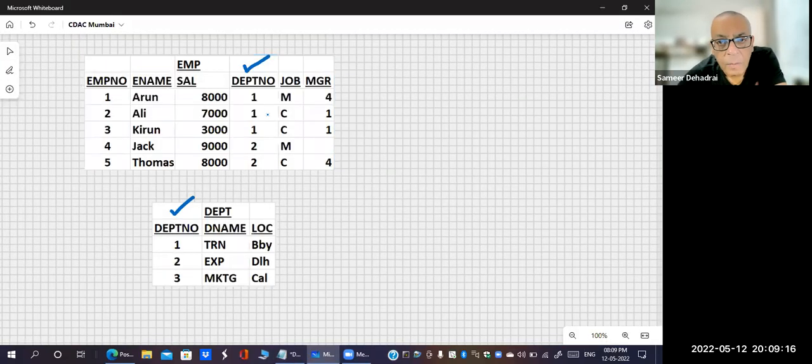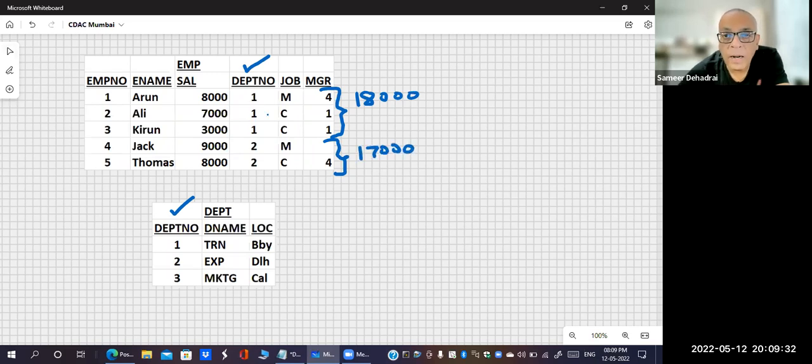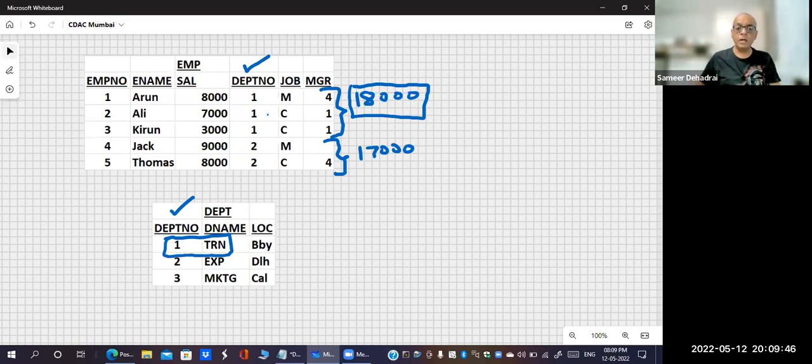Department number 1, the total is 18,000. Department number 2, the total is 17,000. So which is the department that is having the highest total? It is department number 1. In our case, it is training. This is the DNAME which is having the highest total. That is the problem statement. That is my requirement.